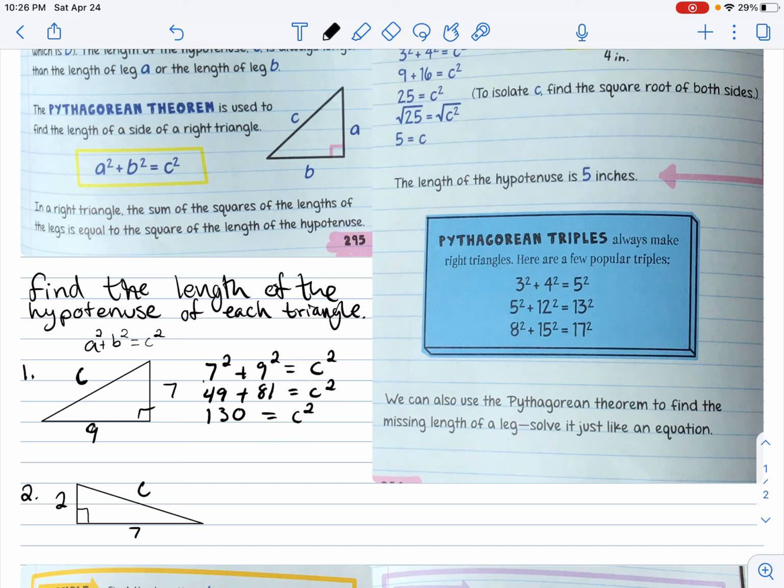Okay, so now to find what C equals, we have to take the square root. The square root of 130 is equal to the square root of C squared.